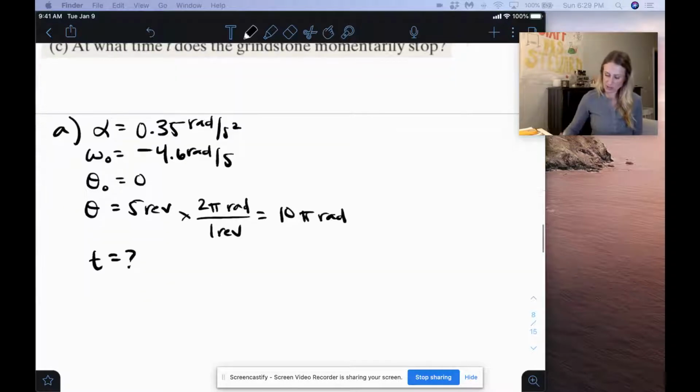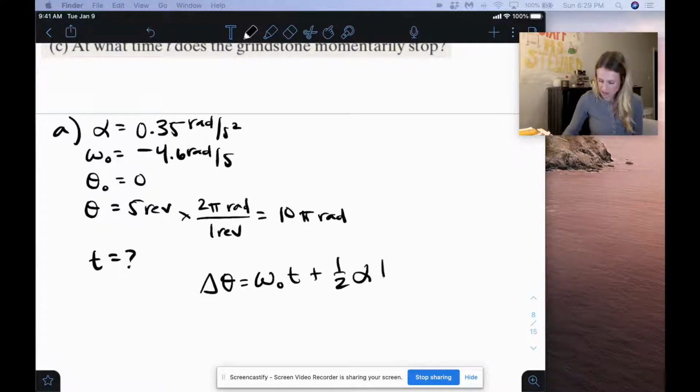So the equation that we want is delta theta equals omega naught times t plus 1/2 angular acceleration times t squared. The equation that you're used to is delta x equals initial velocity times time plus 1/2 at squared. Same equation, but here we have it in rotation form.